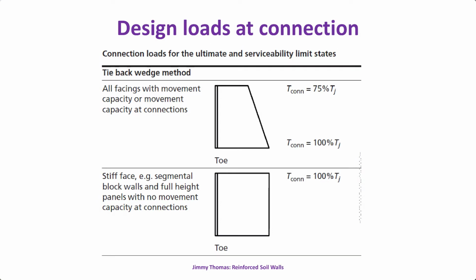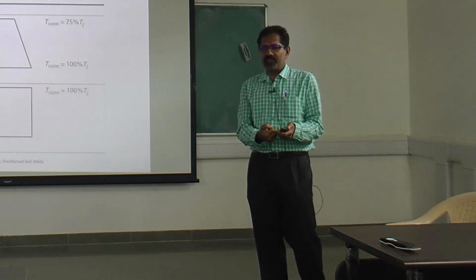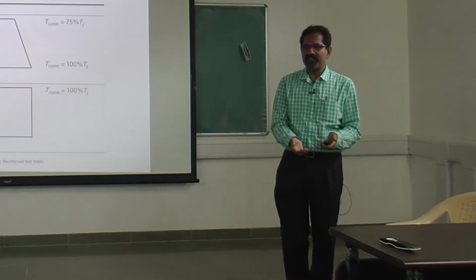The load at the connection, at the top, is something like 75% of the reinforcement tension, whereas at the bottom, it is 100% of the reinforcement tension. That is for facing with movement capacity at connections. But if it is a stiff face, like sectional block or full height panels, then throughout we have to take 100%. So practically the connection has to be designed for 100% of the reinforcement tension.